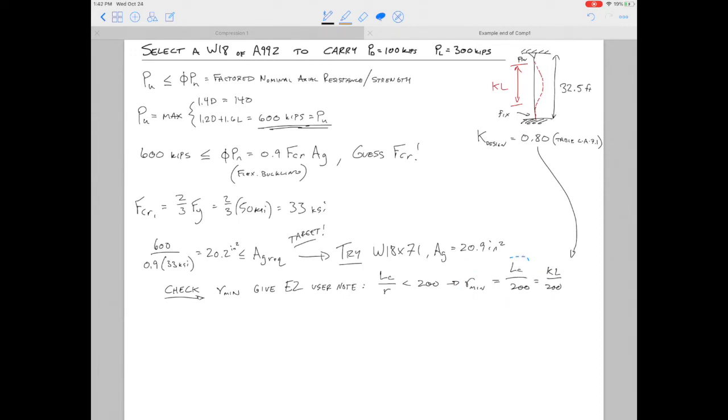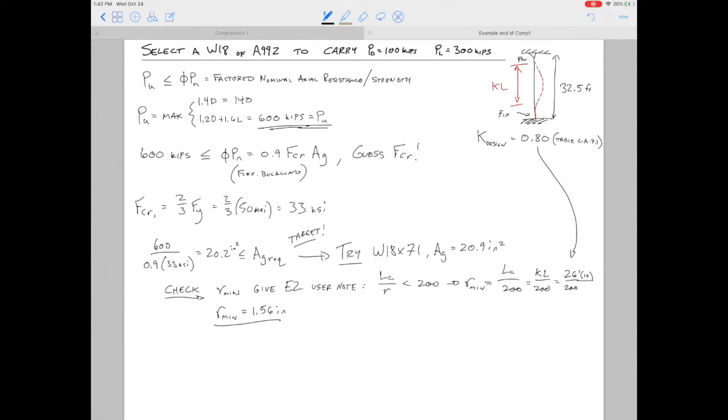That makes this 26 feet divided by 200. And I need this to be in inches, so I better multiply that by 12. That gives me R minimum equal to 26 times 12 divided by 200, which is 1.56 inches.